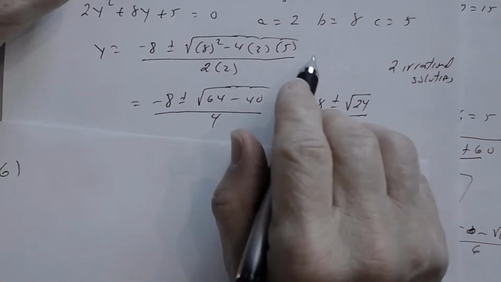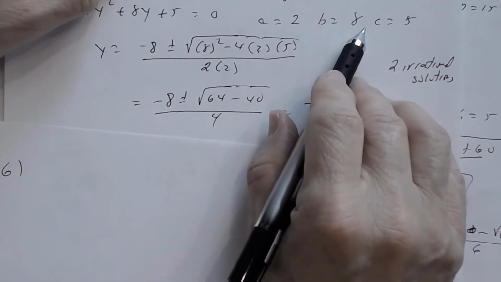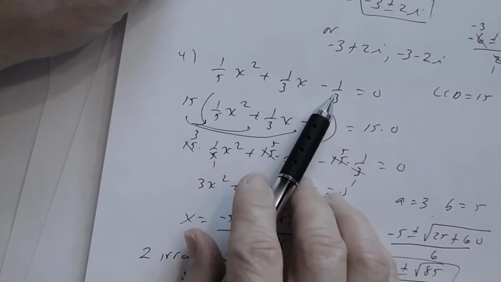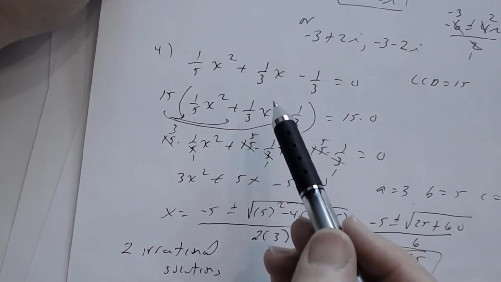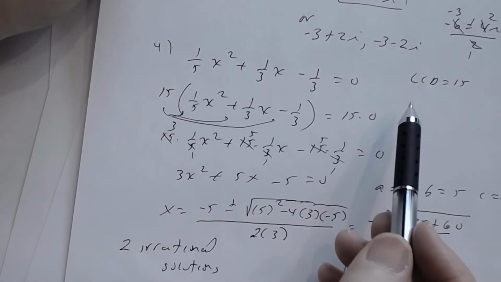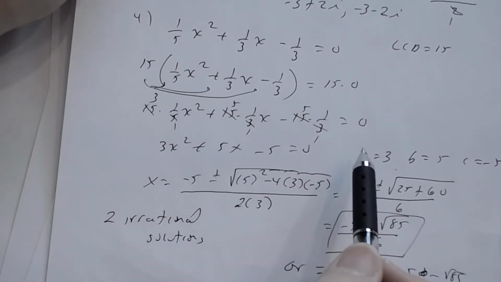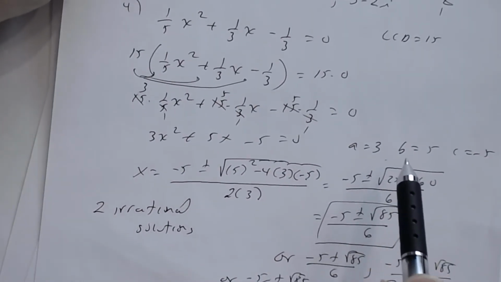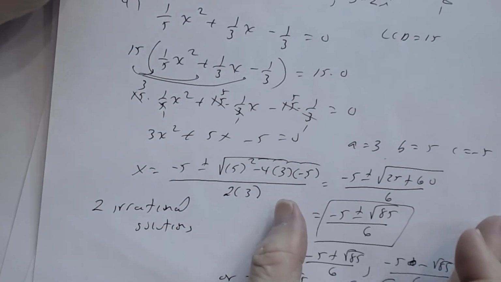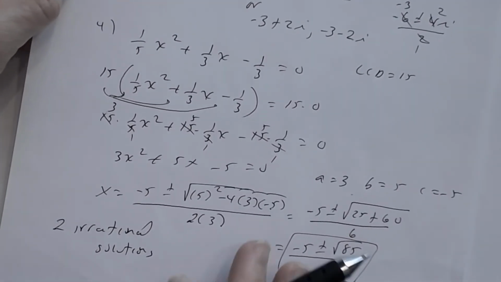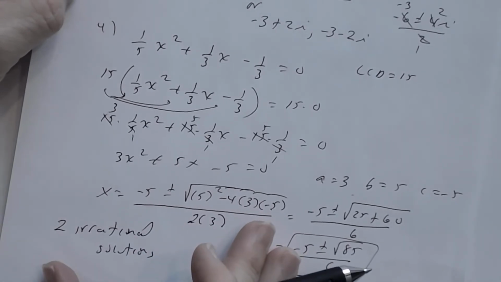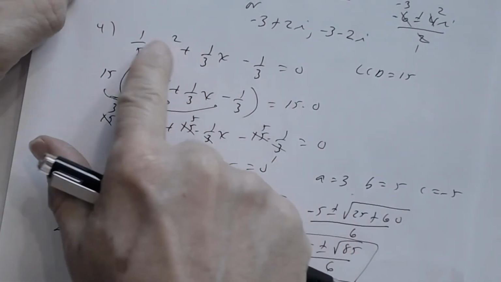Now, when we did them, in almost all our problems, A, B, and C were integers, which are real numbers. And we did a problem where A, B, and C were fractions, so basically rational numbers. But we cleared the fractions, so we ended up having integers, right? So the idea is this: whenever using the quadratic formula, unless they tell you to use a calculator, notice nowhere in here did it say use a calculator.